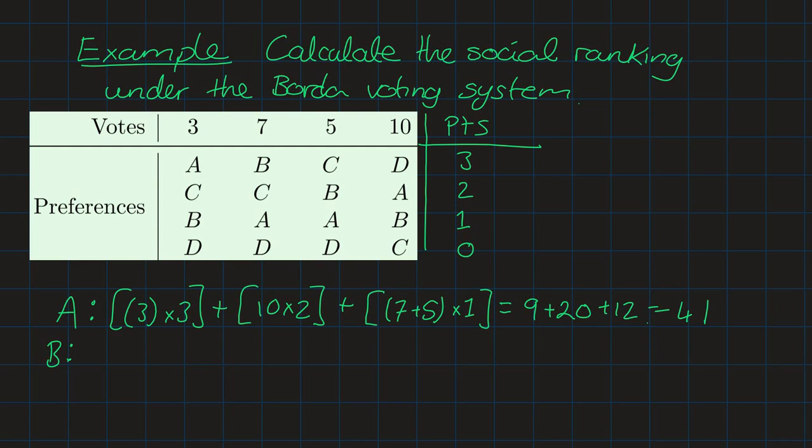And we're just going to do this for each of the alternatives. So B, let's do the first ranking first. So B got 7 times 3, plus 5 times 2, plus 3 plus 10 times 1.